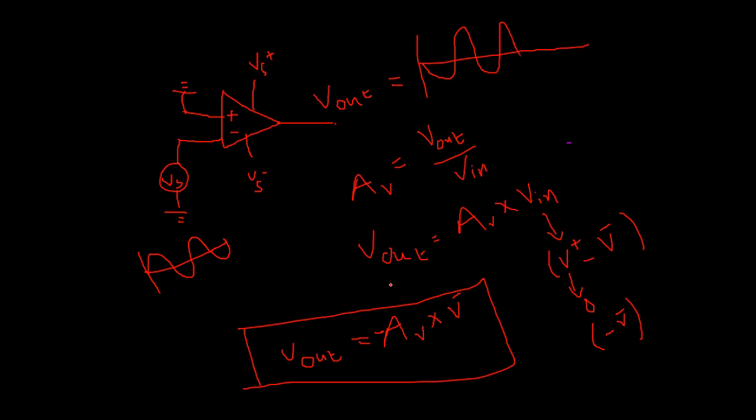In general, suppose I am giving 1 millivolt input supply. In an ideal Opamp the gain will be in the order of 10 power 5. So you apply here and calculate V out. V out is equal to AV, 10 power 5, into 1 millivolt, 10 power minus 3.